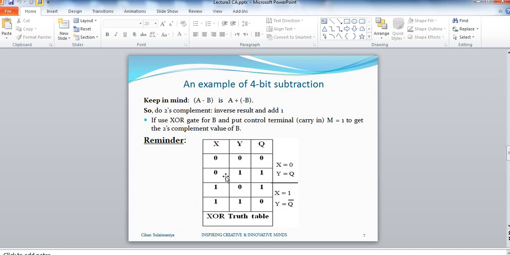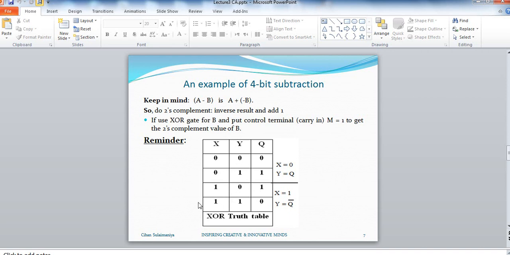So if X is 0, the result is exactly the same as Y. If Y is 0, the result is 0. If Y is 1, the result is 1. Now if X is 1, the result is the inverse, or twist, of Y. So if X is 1, look at the results: if Y is 0, the result is 1. If Y is 1, the result is 0.